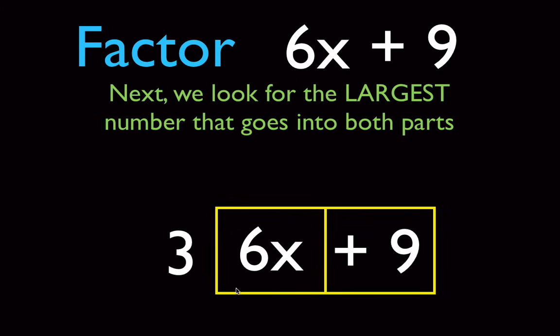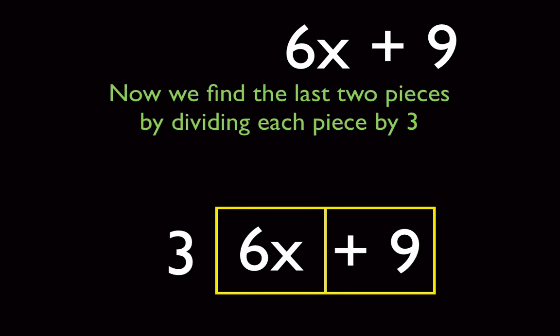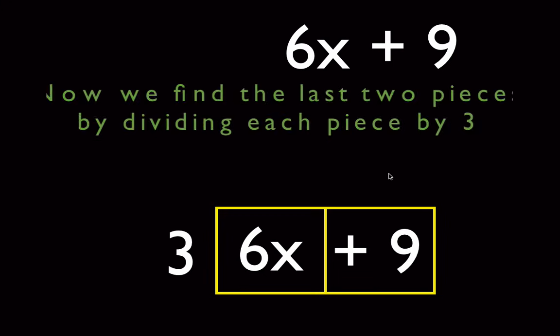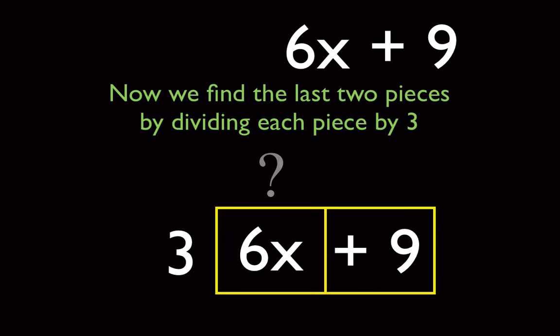Now all I have to think about is, if that's the case, what would go right here? Well, what do I multiply 3 times to get 6x? I know that 3 times 2 is 6, and I need this x to come from somewhere, so it must have been 2x. Similarly, in order for this to be a 3 and that to be a 9, I would have to have a +3 up here as well.